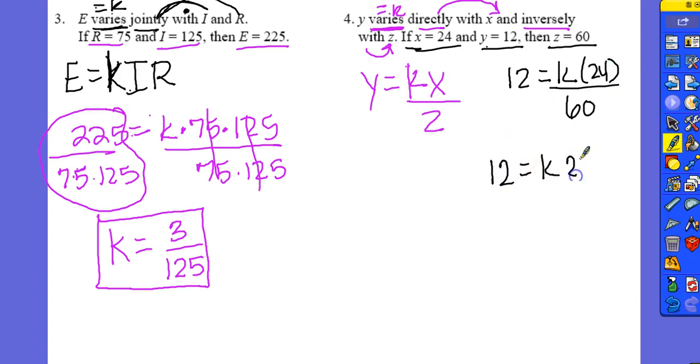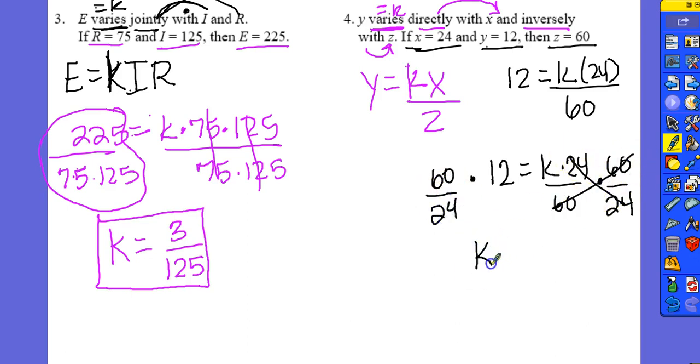Okay, so here's what we're going to do. We're going to do K times 24 over 60. To clear the 24 and the 60, I'm going to multiply it times its reciprocal so that I can cancel them both at the same time. I can always multiply by the reciprocal of a fraction to clear it. So times 60 over 24 so that I can cancel in 1 step. And then I can plug this directly into my calculator.